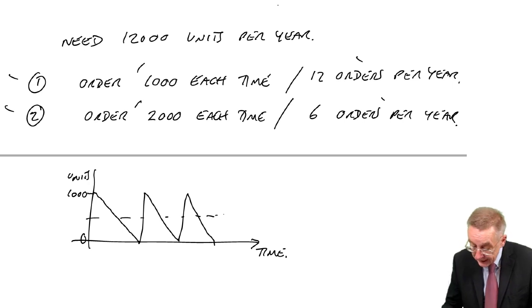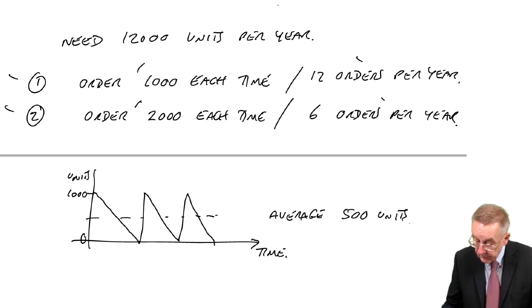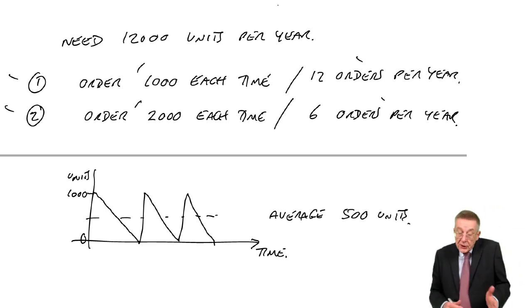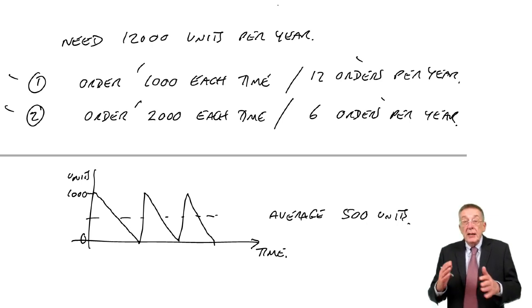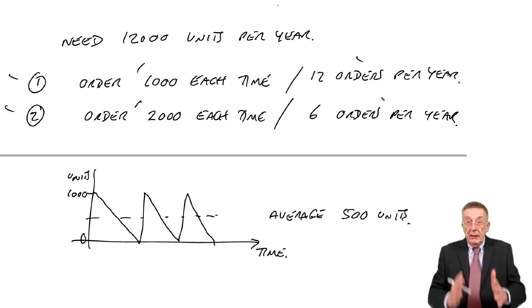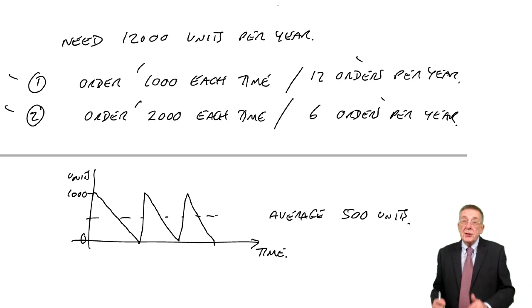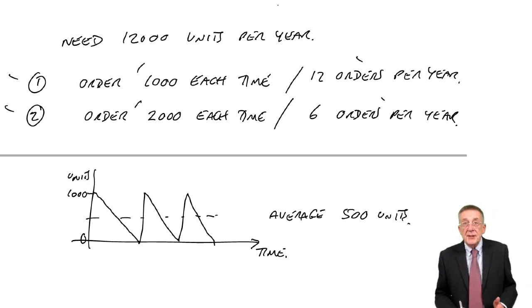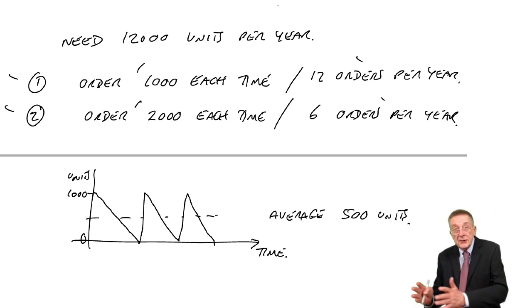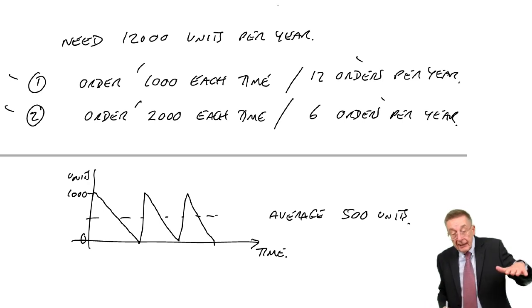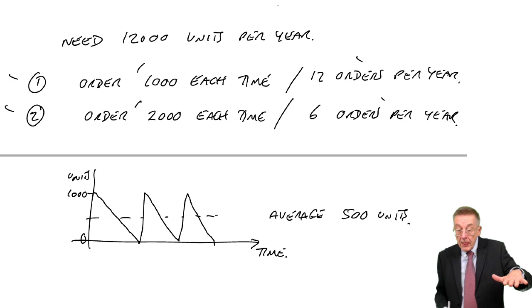On average, there'd be 500 units. And we assume the cost of holding inventory changes day by day. If there's 1,000 units, it's costing a lot. If there's no units, it's costing nothing. But over the year as a whole, on average, it's as though we've 500 units in inventory throughout the year.